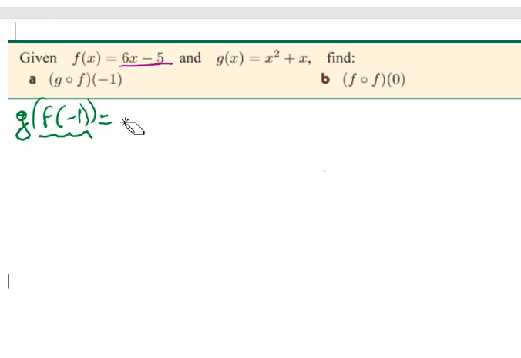So let's make it a little bit easier in this case. We start by finding just plain f of minus 1. To do this, I would like you to substitute in this formula minus 1 every time you see x. So you go equals what?